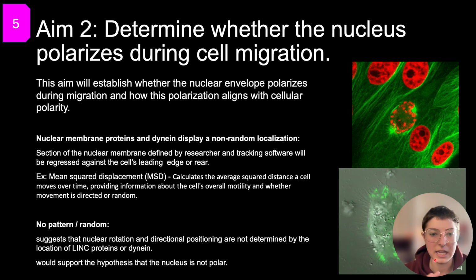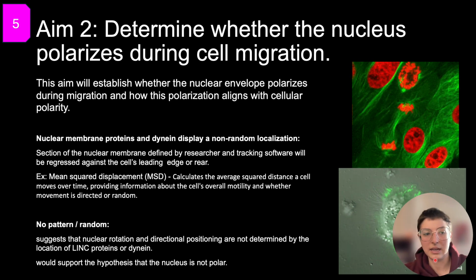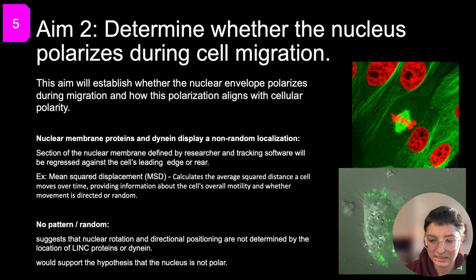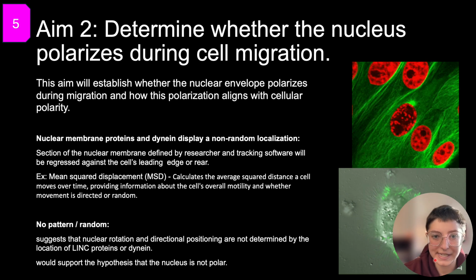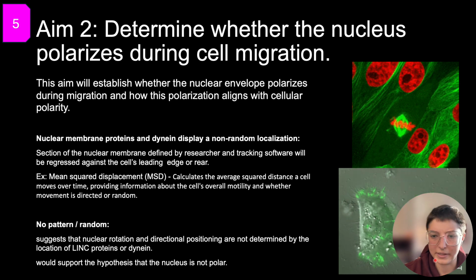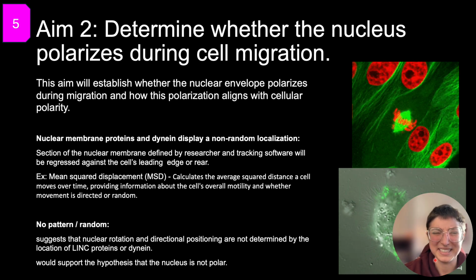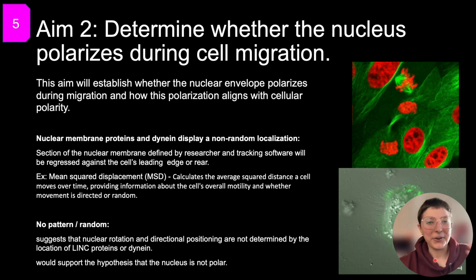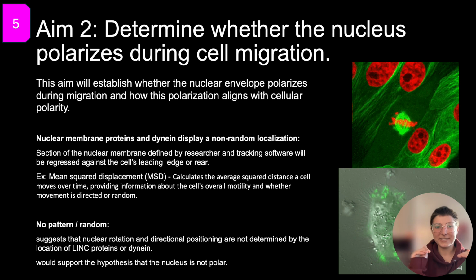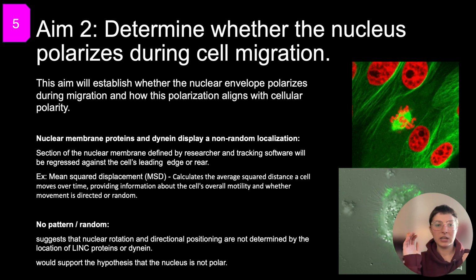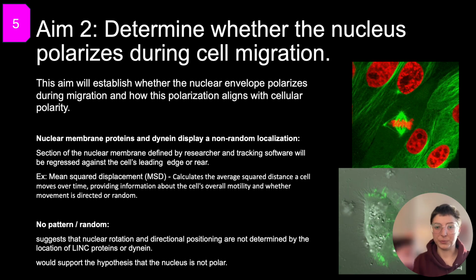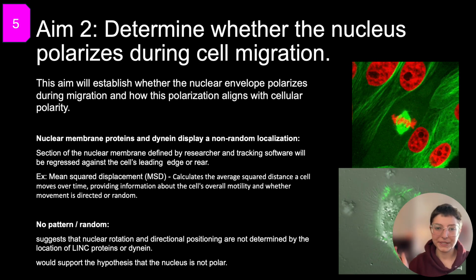Again, same exact setup: live cell imaging, confocal microscope, fluorescence, actin, SUN1 proteins, and then the perinuclear marker. So one side of the nucleus, I'm thinking, has a different, non-random distribution of these SUN proteins.